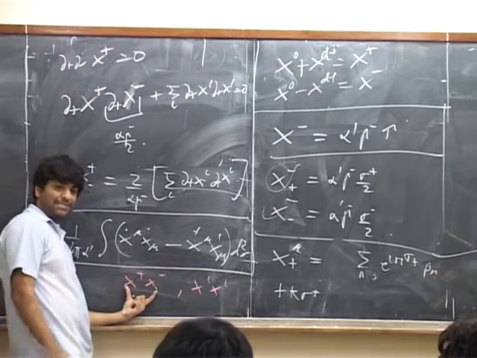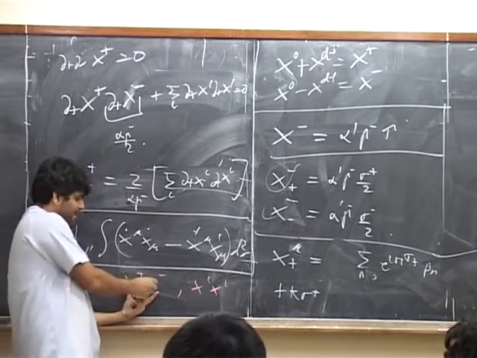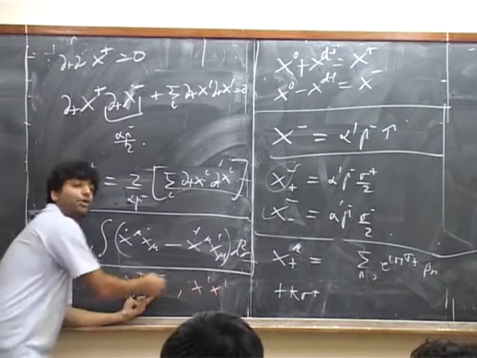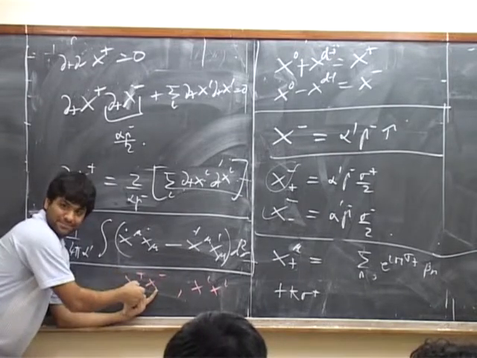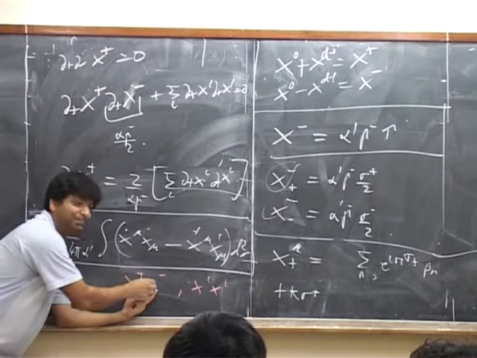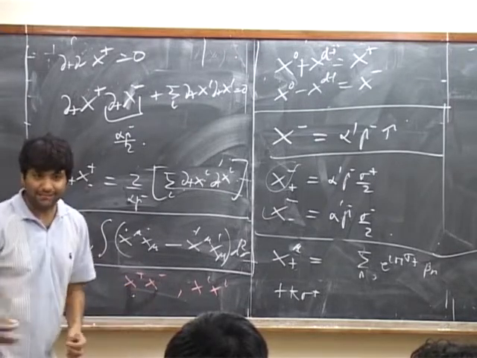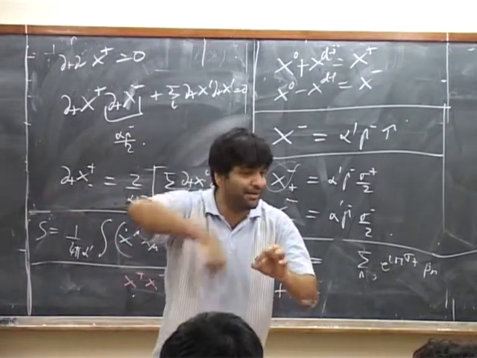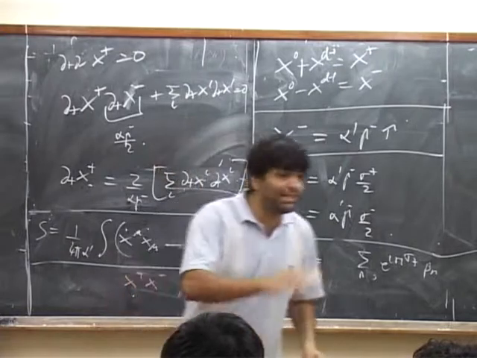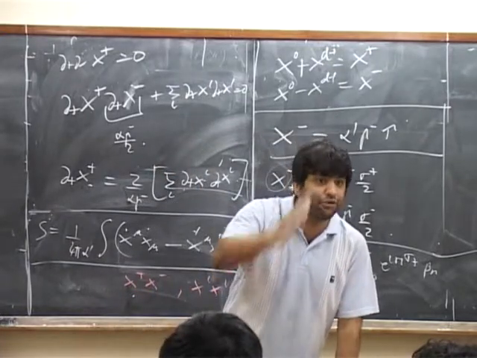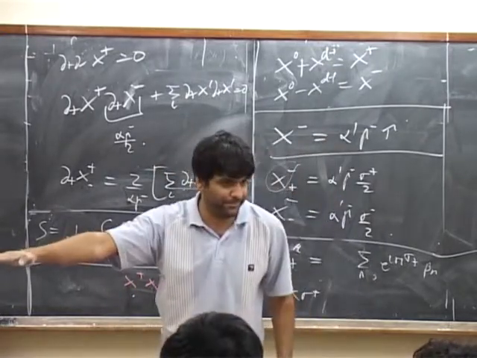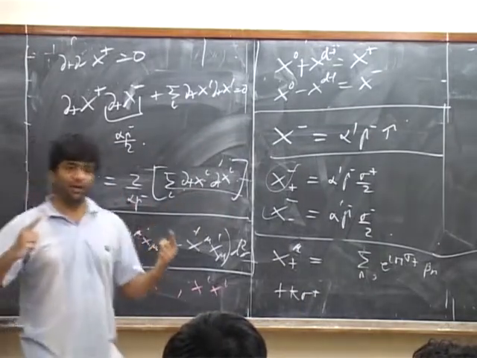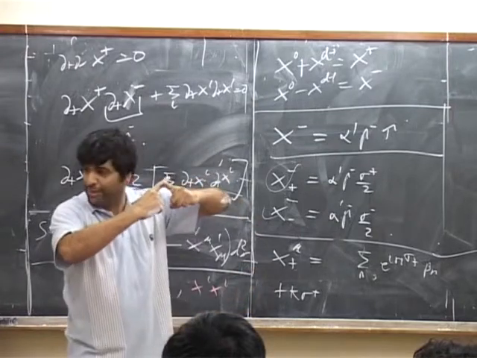Let's start with the x plus, x minus part. All that survives here in the x plus, x minus part are zero mode contributions. Suppose you took x plus and Fourier expanded it in modes of the circle, and x minus as well. We set all the non-zero Fourier modes of x minus to zero. But in this integral, the only way you can get something non-zero is if a Fourier mode with momentum k pairs with a Fourier mode with momentum minus k.